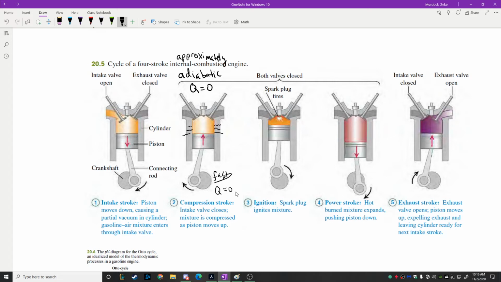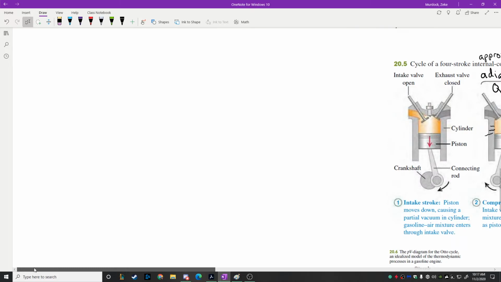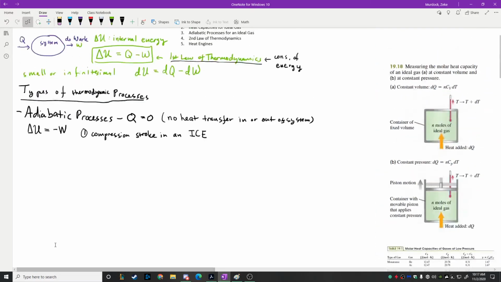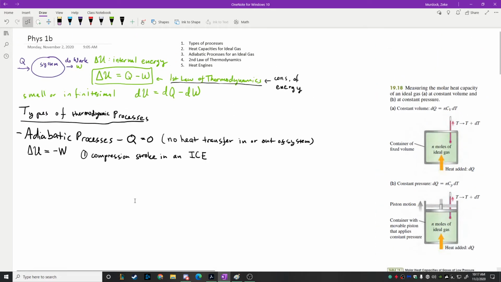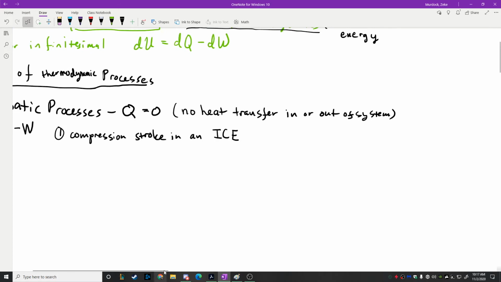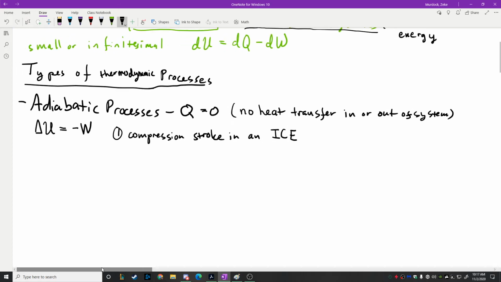I think another example of an adiabatic process, I don't know if I can explain this one as well because I don't know if I understand it, is when you open a soda bottle, right? So something that's been compressed, where the air has been compressed inside of it.